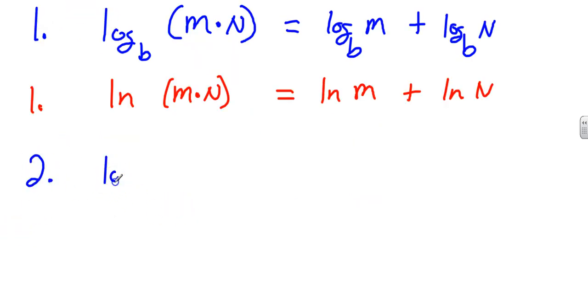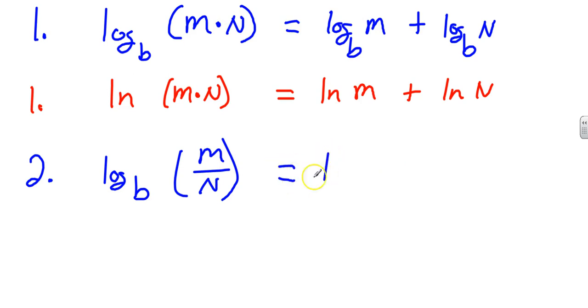Okay, second property. Instead of the two numbers or the two things being multiplied, if you divide them, if you think about it for a second, if multiplication becomes addition, then division will become subtraction. So it's going to be the log of m, same base, minus the log of n of the same base.